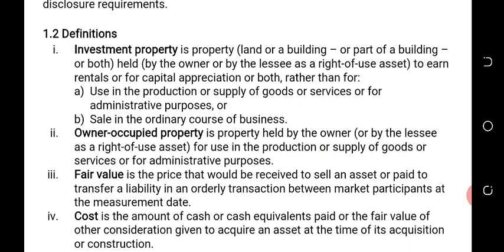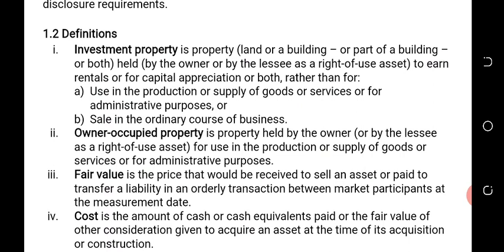So investment property is any land or building owned by an entity or an individual in order to earn rentals. The purpose of holding the property is for rental or for capital appreciation or for both.